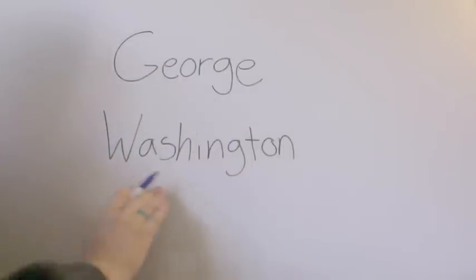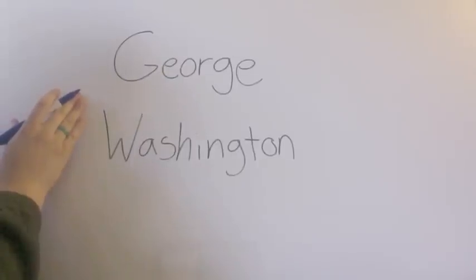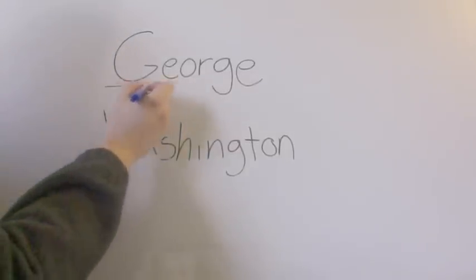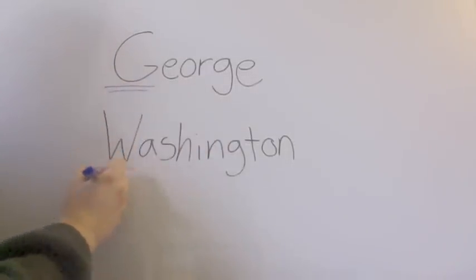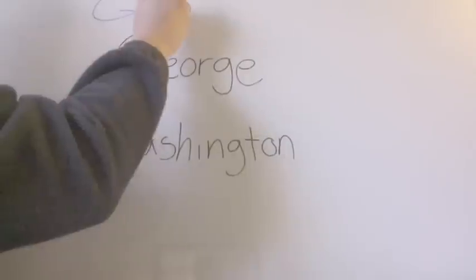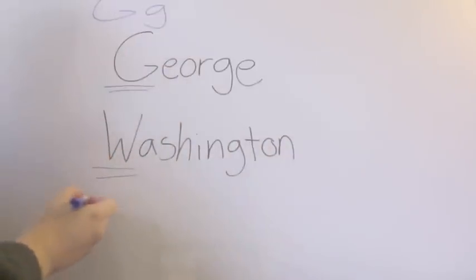George Washington. This is another name of an American president. This is the name of the first president of the United States. Because it's a name, you need to make sure that the first letters are capitalized.